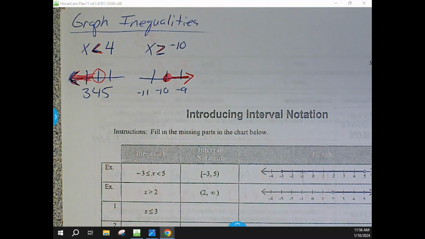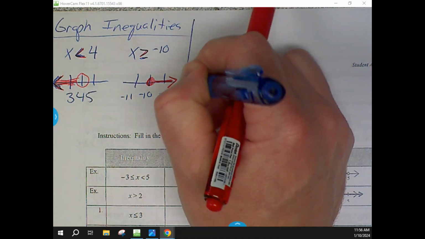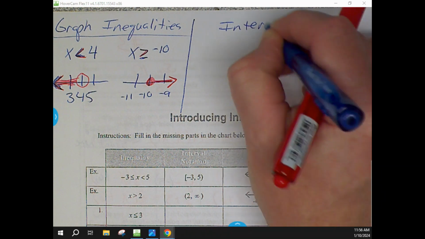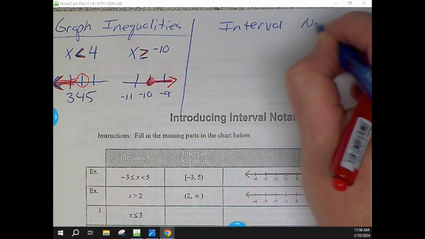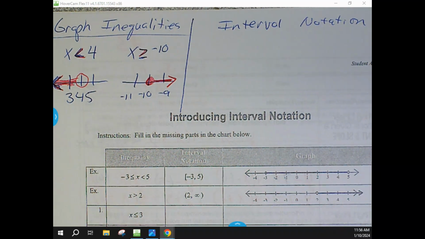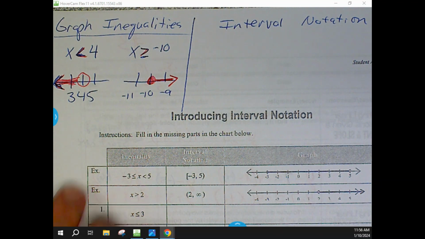Okay, so that's the old graphing that we had kind of done. We're still going to do a little bit of that to start with, but we're also going to throw something new at you here, which they call interval notation. Eventually we're going to solve some equations, and they're not going to have you graph it.